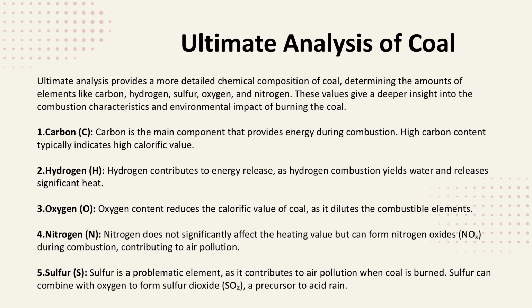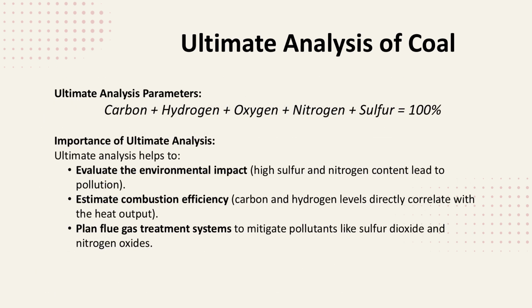Nitrogen. While nitrogen doesn't contribute significantly to the heating value, it can form nitrogen oxides during combustion, which contribute to air pollution. Sulfur, a problematic element that leads to air pollution by forming sulfur dioxide, SO2, a major contributor to acid rain. So, ultimate analysis parameters are carbon, hydrogen, oxygen, nitrogen, and sulfur.